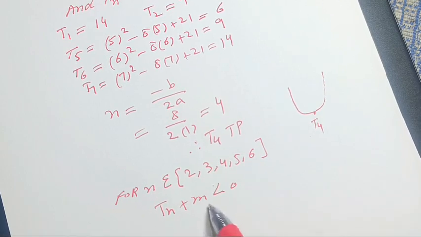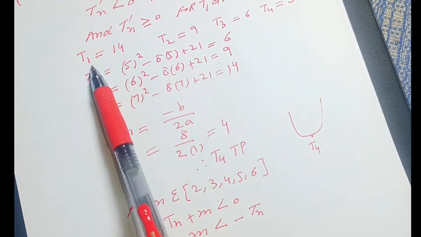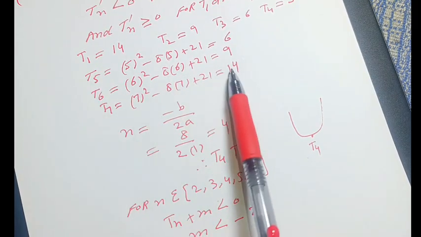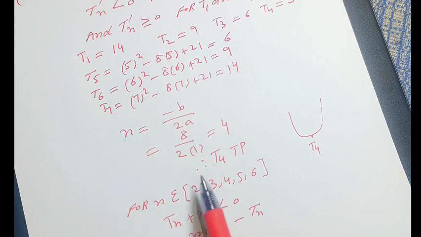So if I need to solve for m here, Tn goes to the other side as negative Tn, so m must be less than negative Tn. Must remember T1 and T7 are not included, only 2, 3, 4, 5, 6.